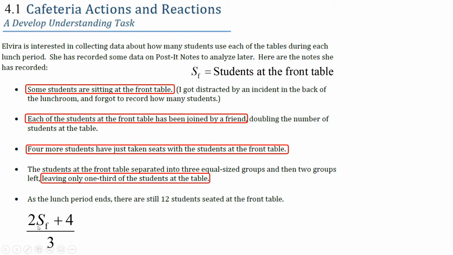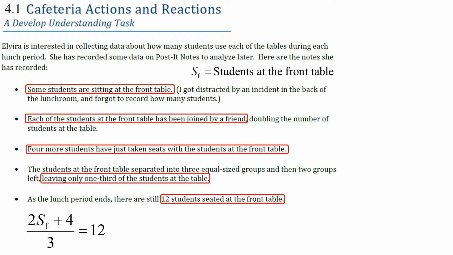And then finally, as the lunch period ends, there are still 12 students seated at the front table. So this expression, 2 times S sub f plus 4, that quantity divided by 3 would have to equal 12. And that is the equation that Elvira created based upon her 5 post-it notes.